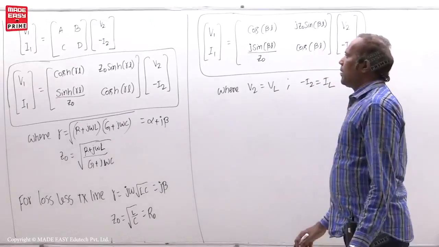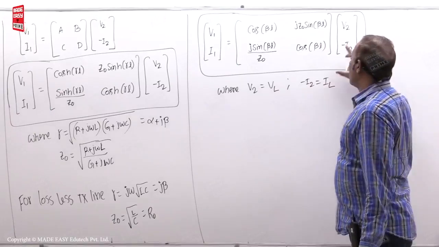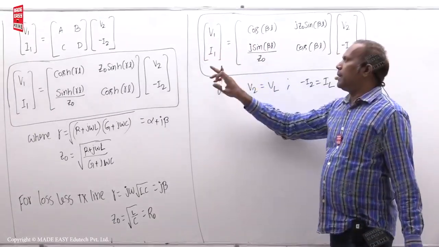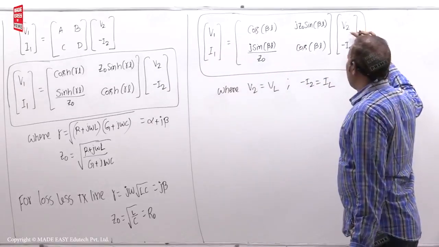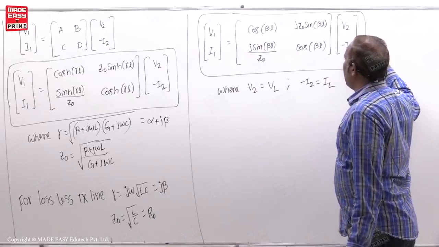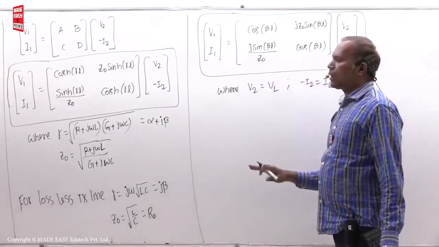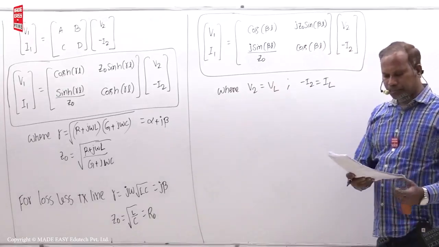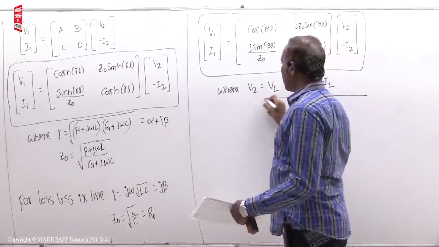Anywhere they give VL and IL, substitute here, then you get input side voltage and current. If they give V1 and I1, then you will get V2, VL and IL by taking the inverse of this matrix. No need to remember the inverse. Now this is a note, this is over.